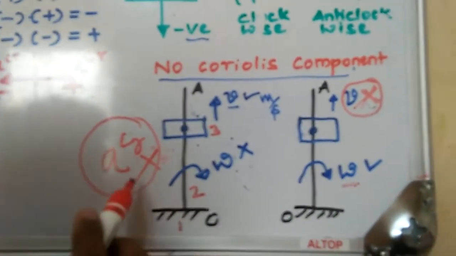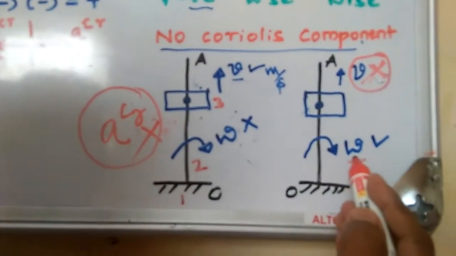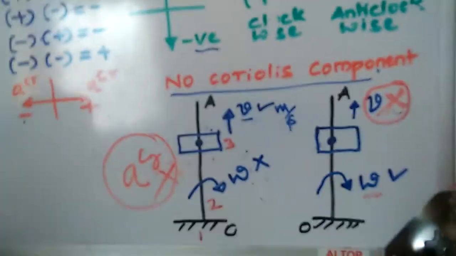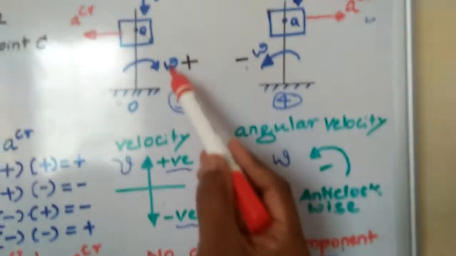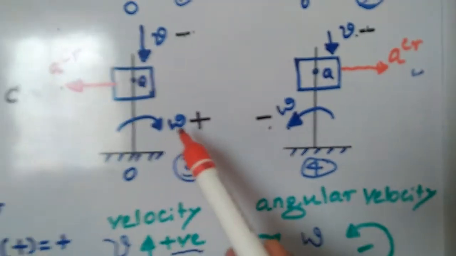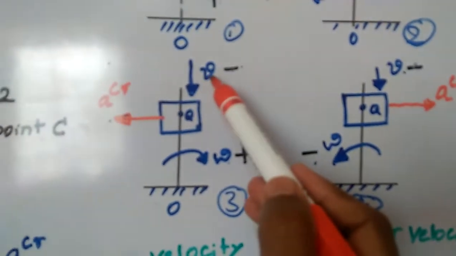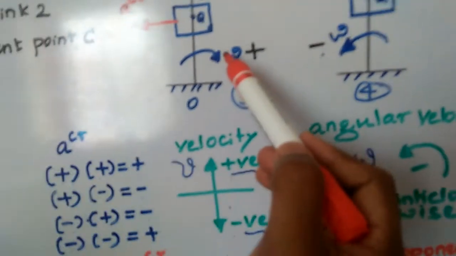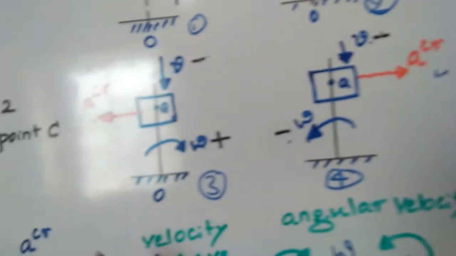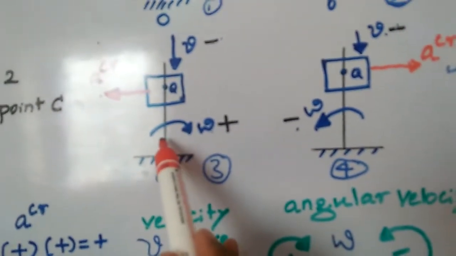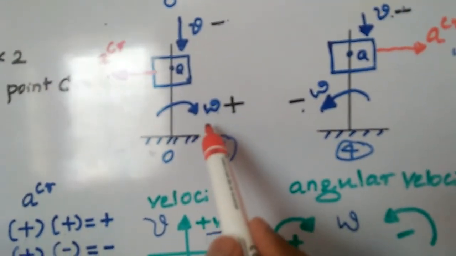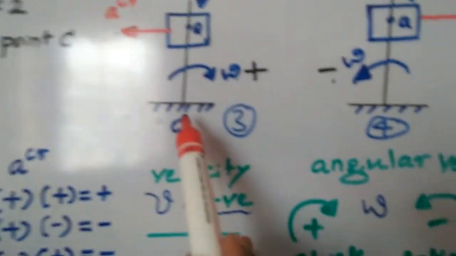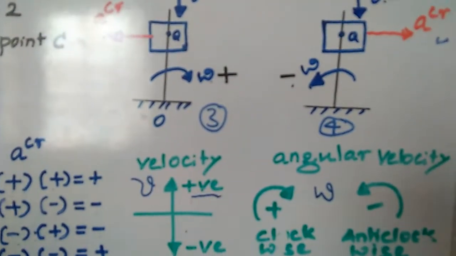The Coriolis component will be there only when both V and omega are present: the linear velocity of the slider and the angular velocity of the corresponding link. Otherwise, you just solve the simple acceleration problem as usual. Can you find it?